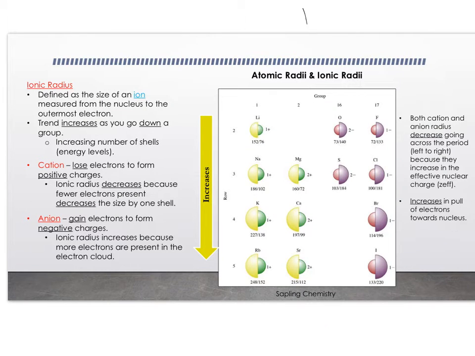So going down a group, the atomic radius is going to increase, and it's going to decrease going from left to right across the periodic table, and that is the atomic radius.